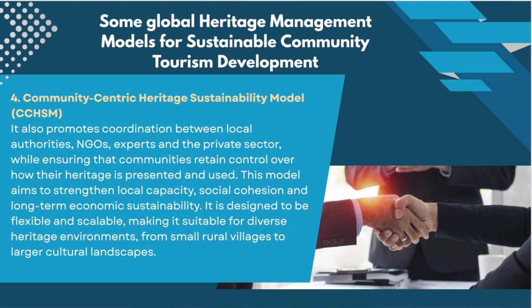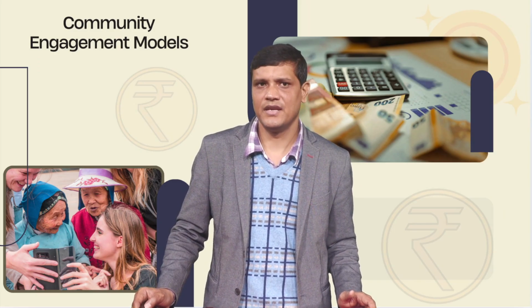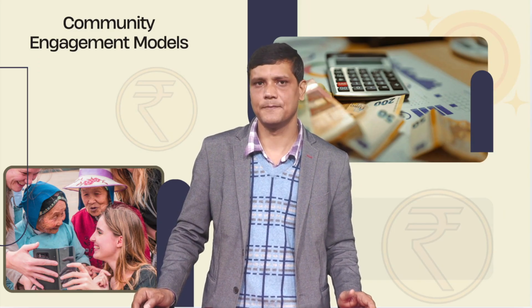This model aims to strengthen local capacity, social cohesion, and long-term economic sustainability. It is designed to be flexible and scalable, making it suitable for diverse heritage environments from small rural villages to large cultural landscapes. Let us discuss the role of the local community in the community-based tourism model.